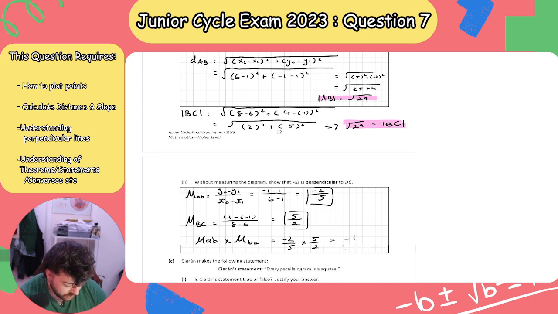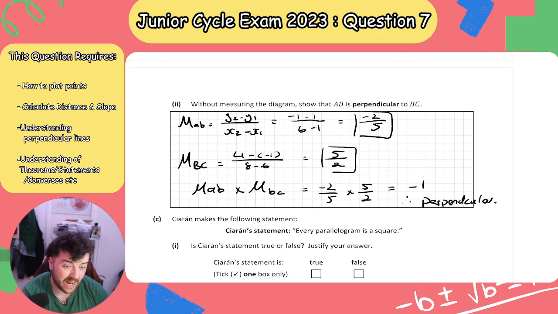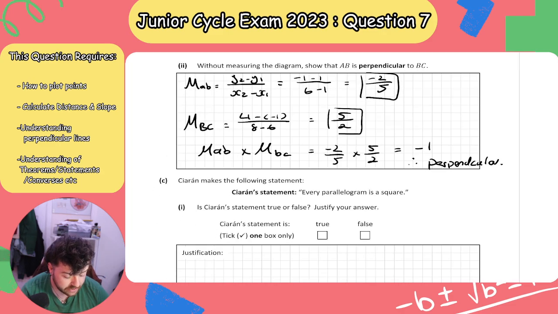Therefore, it's perpendicular. They're perpendicular because when I multiply the two slopes together, I get -1, or they're just negative reciprocals of each other. So that was a nice, easy peasy question there.